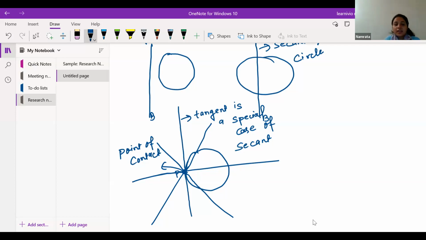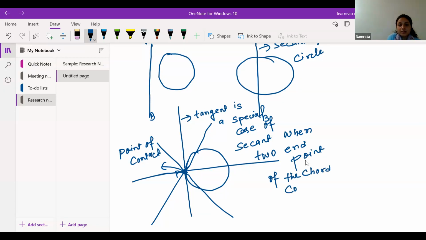And here we can say it's the special case when both the endpoints of the chord coincide. What's the meaning of this one? Let me explain.